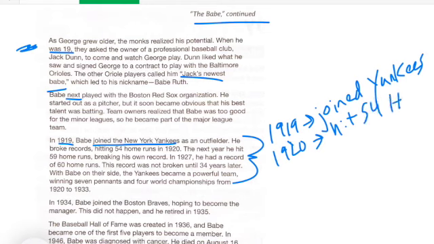I'm going to use HR there. And then the next year, now it says the next year he hit 59 home runs. So what would the next year be? If it was 1920, the next year would be 1921. He hit 59 home runs.